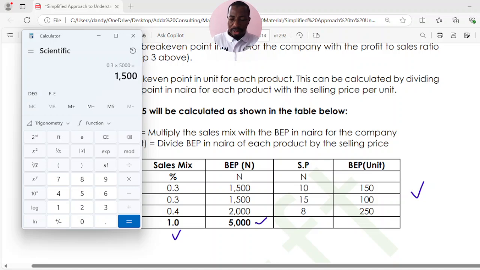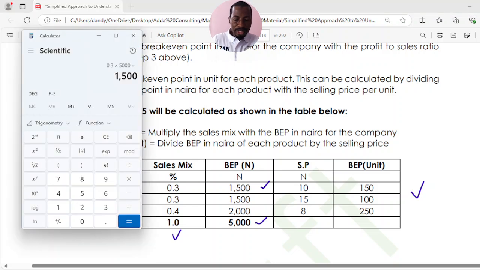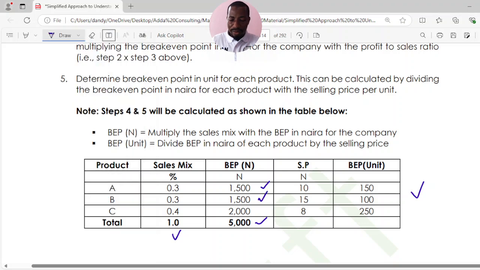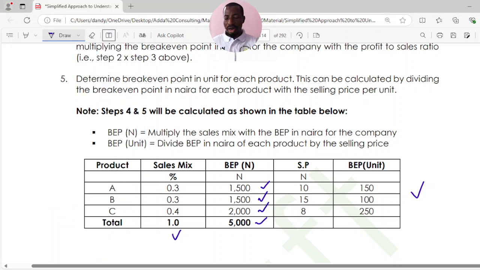That's what produced this 1,500. I will go to product B. The sales mix of product B is 0.3 multiplied by 5,000. That's how I got the 1,500. Do the same thing for product C. 0.4 multiplied by 5,000. That's 2,000. So everything must equal 5,000.